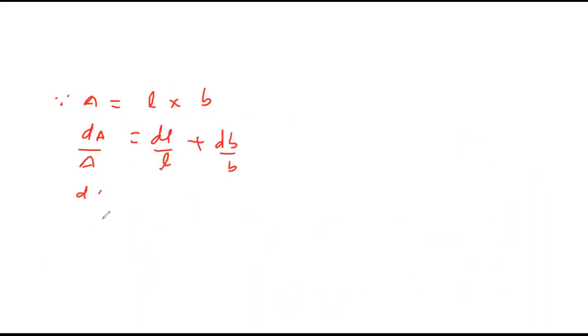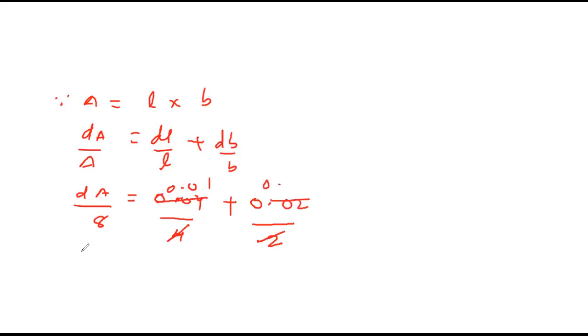A we got by calculation 8, dL is 0.04, L is 4, dB is 0.02 upon B is 2. So this we can write as 4 into 0.01, 0.01. So dA upon 8 is 0.02.